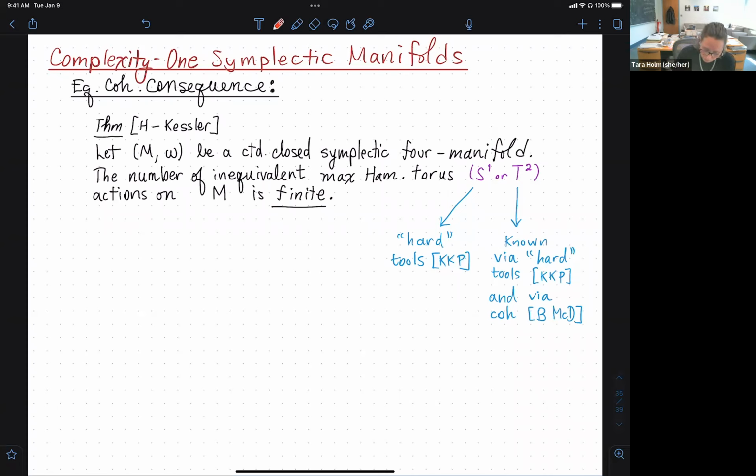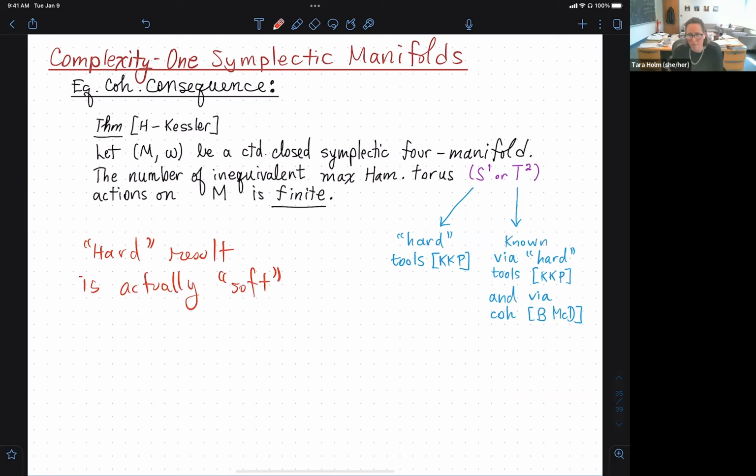So the point of this result is that this hard result is actually a soft result. This lets us deduce that we only have finitely many inequivalent actions on any particular manifold.